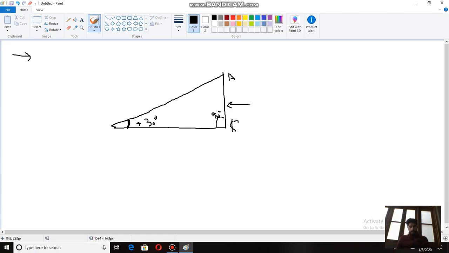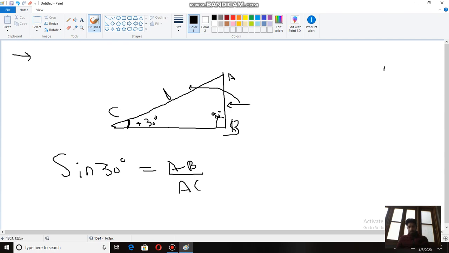This is B, and this is C. Now when we calculate sine of 30 degrees, it will be AB by AC, perpendicular by hypotenuse.